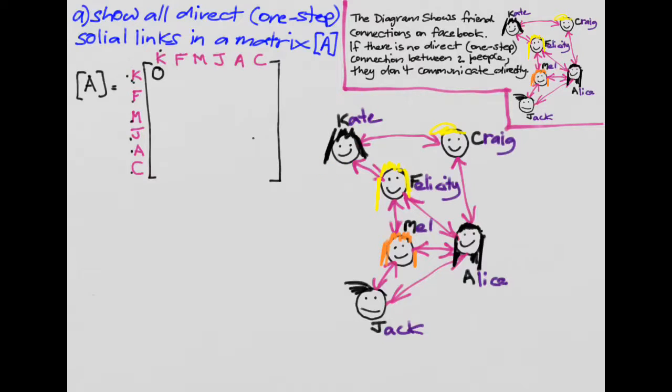Now going ahead to KF, so communication between Kate and Felicity, yes, there is communication, and there's a one-step direct arrow, so it's a 1. Now if you look at the K here, you've also got KF in this area, so you put a 1 in that column as well.